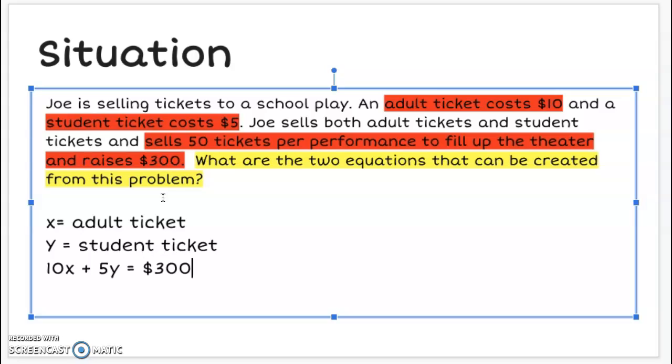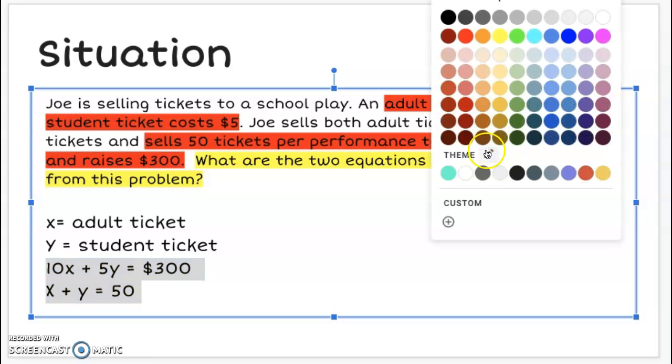So I can make that equation. Individually, x plus y, adult tickets plus student tickets, and he sells 50 tickets per performance, so that is going to equal 50. So that important information got pulled out, and I was able to make my two equations right here.